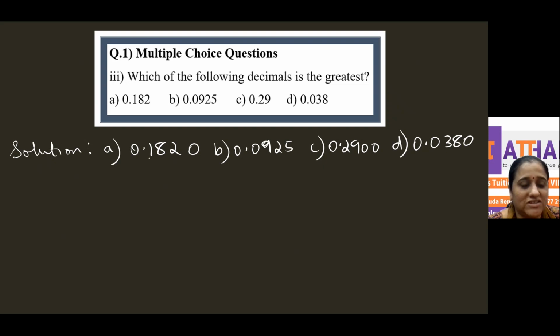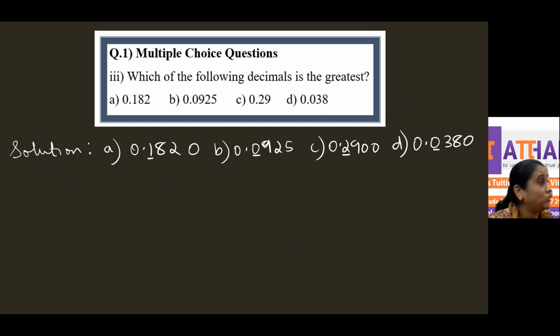Correct. So you should see this digit. Let me underline 1, 0, 2, 0. When do you compare like this? After making them like decimals first, and then you should do this. Not before making them like decimals. You might think, why do all that, we can compare like that only.